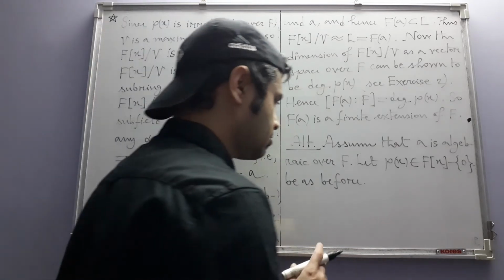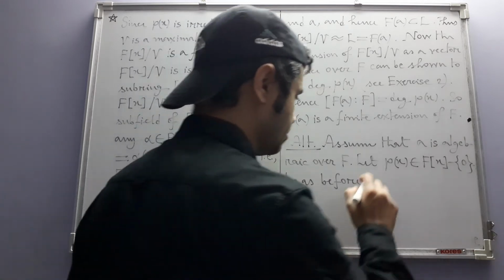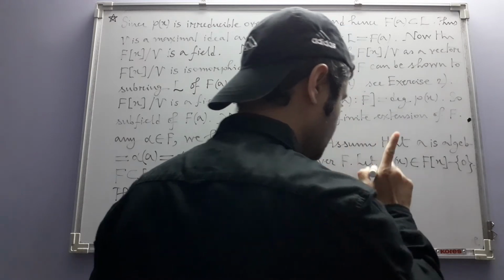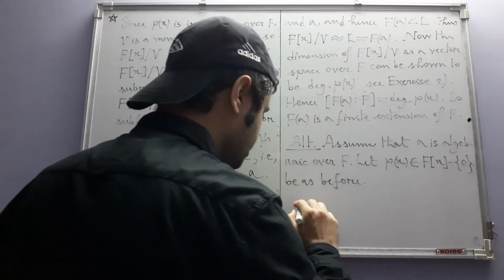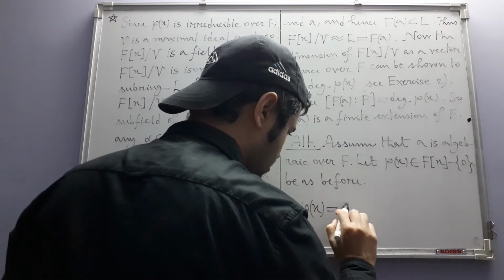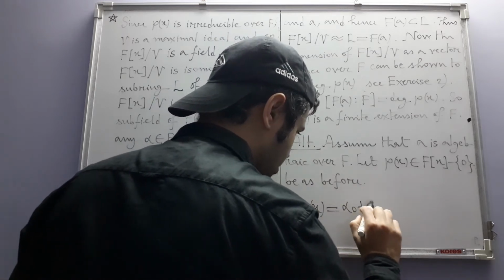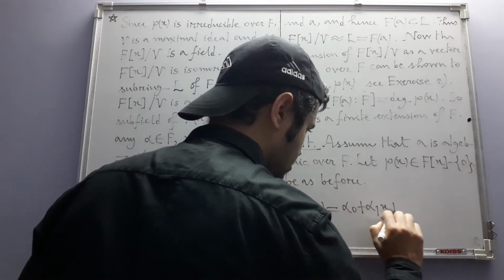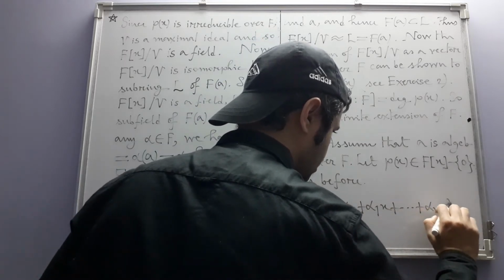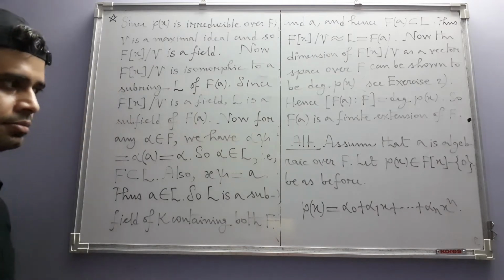But now we are going to do something else also to Px. Say Px originally looks like this: alpha naught plus alpha 1 x etc. plus some alpha n x to the power n.